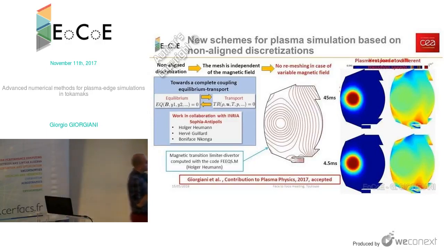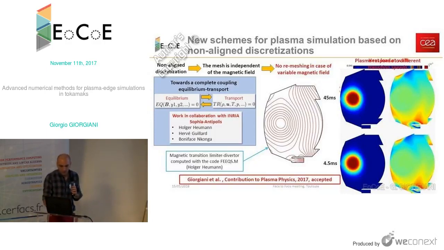This is a transition from the limiter configuration to the X-point configuration. Depending on the speed of this transition, we can study how the plasma responds to the movement of the magnetic field. We can also, for example, study the heat flux at the walls during the transition in the two cases.